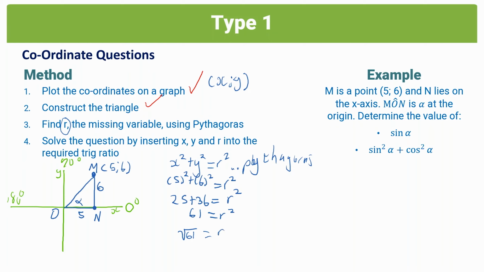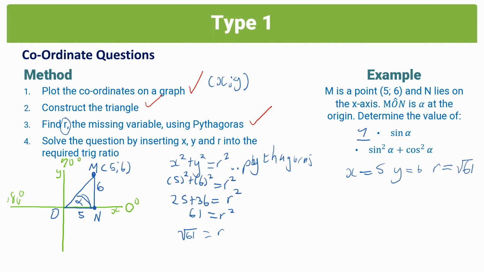Now we've completed step 3. The final step is to solve the question by inserting x, y, and r into the required trig ratios. Question number 1 is to find the value of sine alpha. We know this is alpha over here, and for that angle alpha, x is 5, y is 6, and r we've calculated to be root 61.